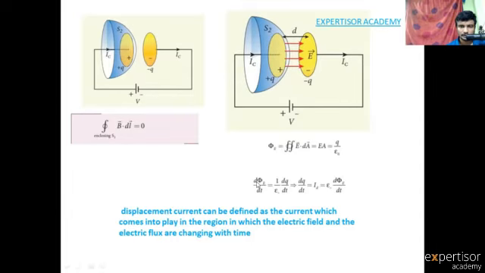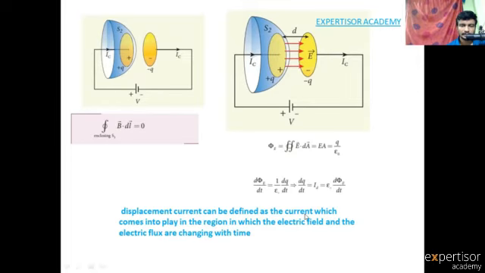Next, the change in electric flux is equal to 1 by epsilon naught into the change in charge. The change in charge here represents the current ID, which is equal to epsilon naught into the change in electric flux. So here this ID represents the displacement current.